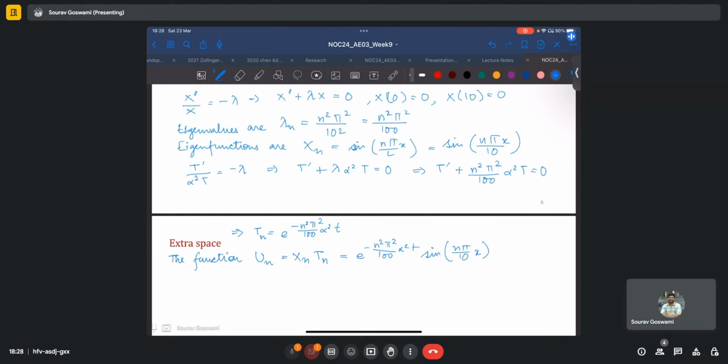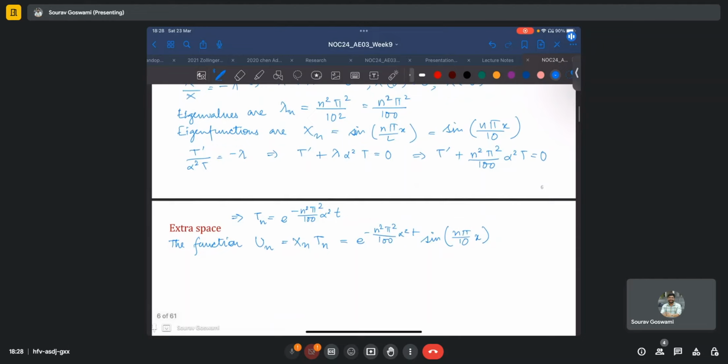This is just one of the solutions, but the general solution for u is the sum of all such un. So u is the sum from n equals 1 to infinity of some coefficient cn times e power minus n square pi square by 100 alpha square t sine n pi by 10 x.